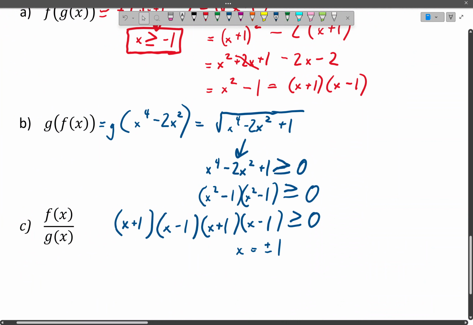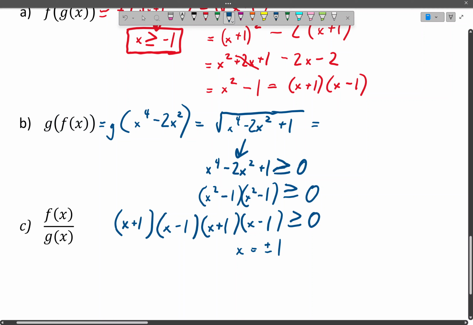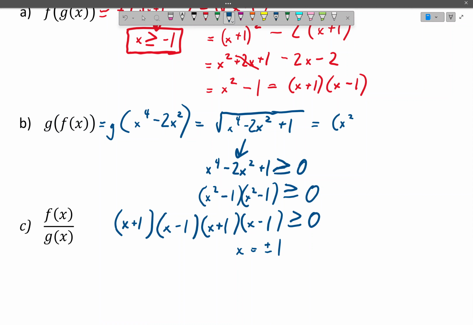So we're actually fine. Interestingly, this restriction eventually has no impact. And because of all the stuff that we just did, you can see that the factoring was actually useful here. It ended up being x squared minus 1 squared, then square rooted. And so those two things can cancel. And it looks like this.